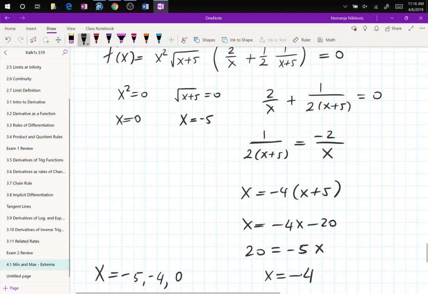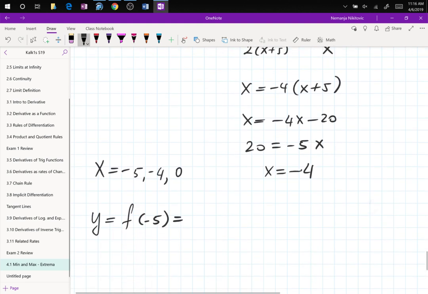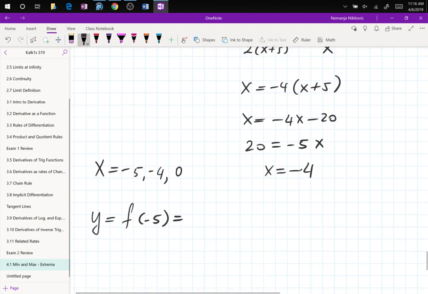No, that's the half. The half kills the exponents. So f of negative 5, the original function is x squared, so that's going to be negative 5 squared times the square root of 0. So the whole thing is 0. So we have negative 5, 0.